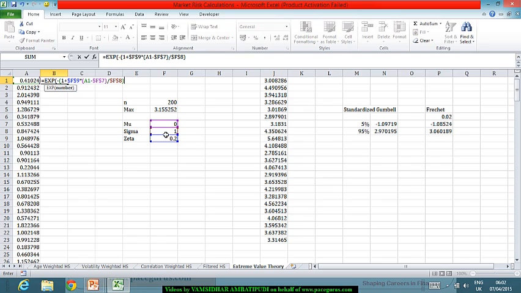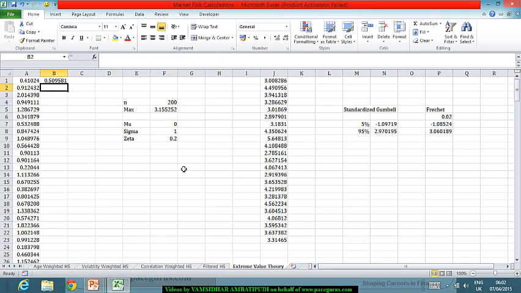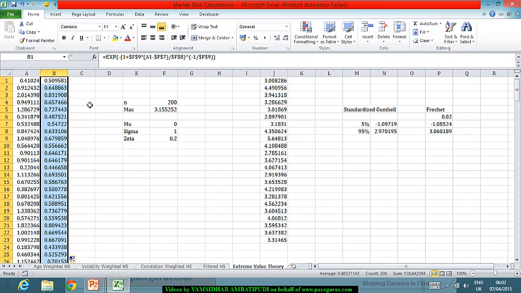The maximums wise I am looking at 1 plus zeta times x minus mu by sigma to the power minus 1 by zeta. Okay, so this is what is coming out as the likelihood function, e to the, so this is what has come out as the likelihood in this particular case.